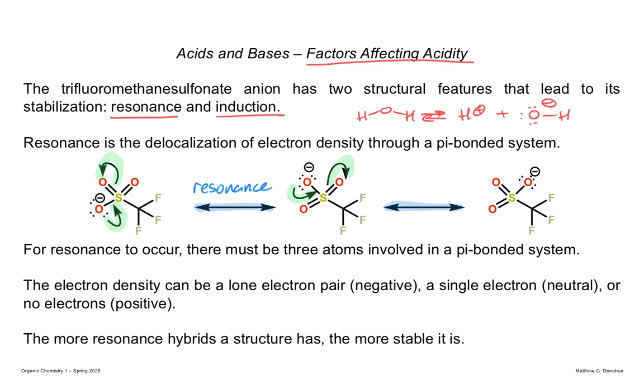Question? Can there be resonance if there's only two atoms involved? So that's a good question. To give you the best answer for that, even though it's not completely relevant to what we're talking about now, if we consider an aldehyde, that's what a normal aldehyde looks like.